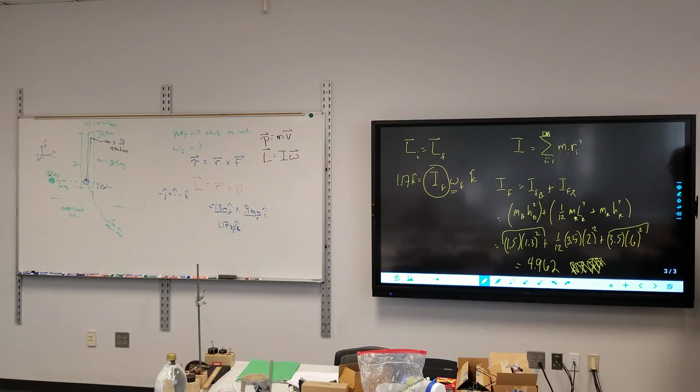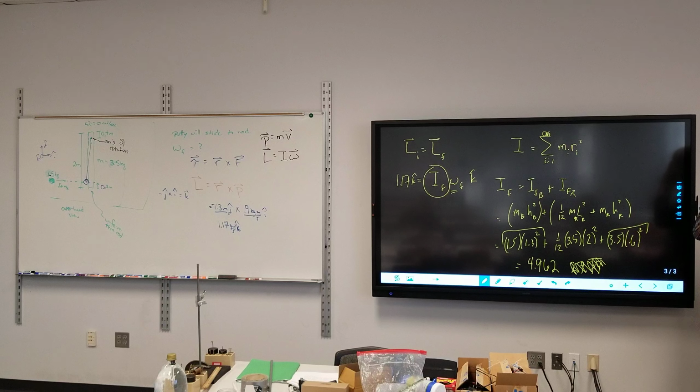I heard somebody start to mumble units. Kilograms times meters squared per second. No. Oh my god, what? This is moment of inertia, this isn't angular momentum. Oh my god, why did I think that? What's the units of... kilograms times meters squared per second.